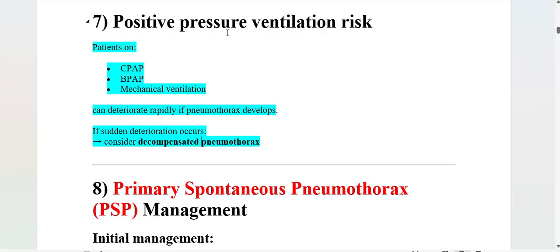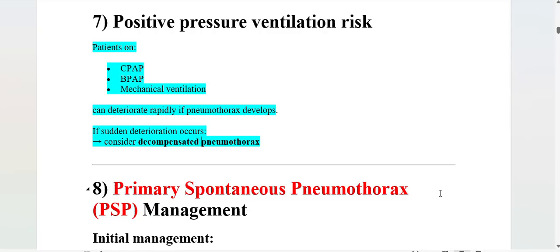Whether the patient has a pneumothorax or not, if we give 100% oxygen, sometimes because of high positive peak pressure, the patient will get a pneumothorax. So always remember, if a patient on CPAP, BPAP, or ventilator is immediately deteriorated with decreased breath sounds and hyperresonance, go for pneumothorax.